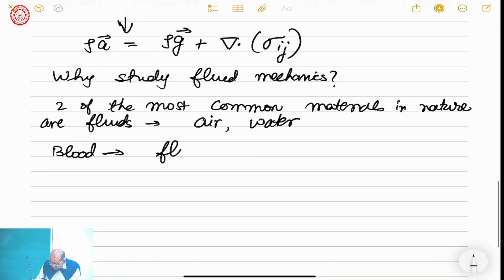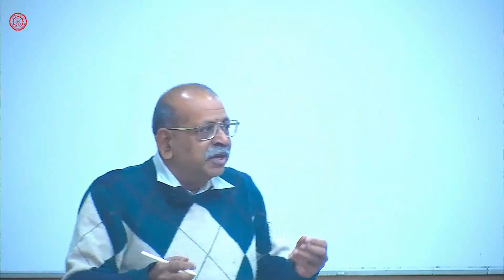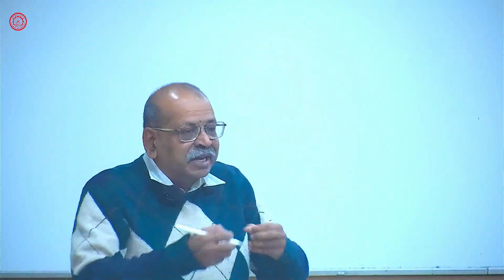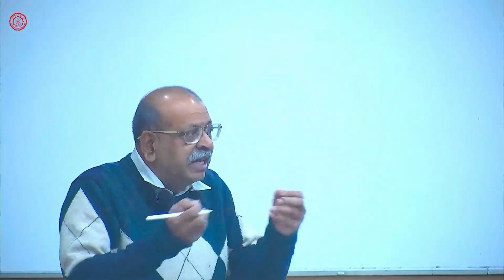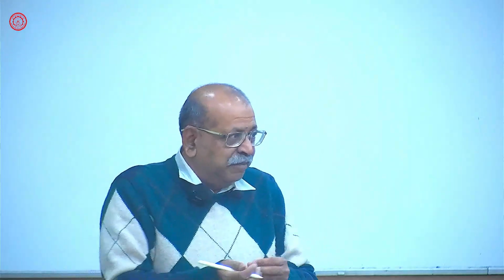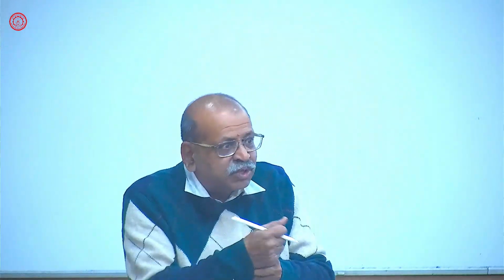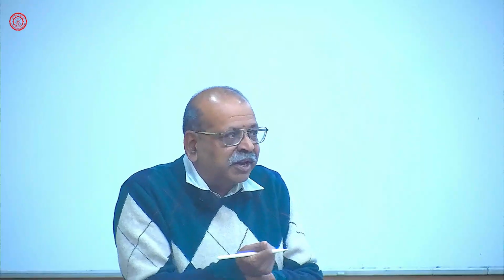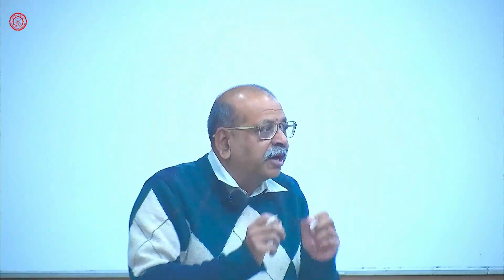So, if we want to now study any disease, a lot of it will depend on what is happening to the flow of blood. Hemorrhage is what? When an artery or a vein leaks. So why does it leak? That is when the combination of solid and fluid comes.